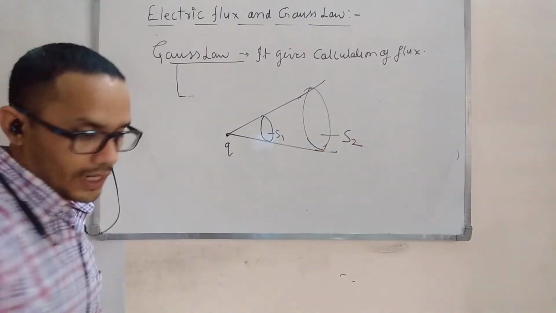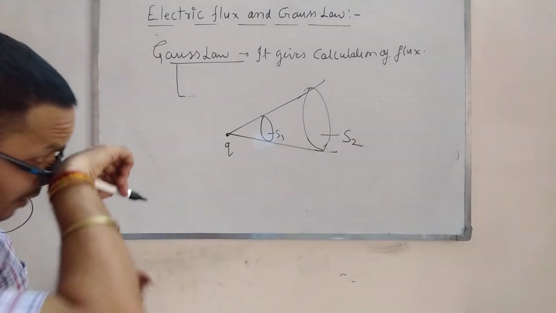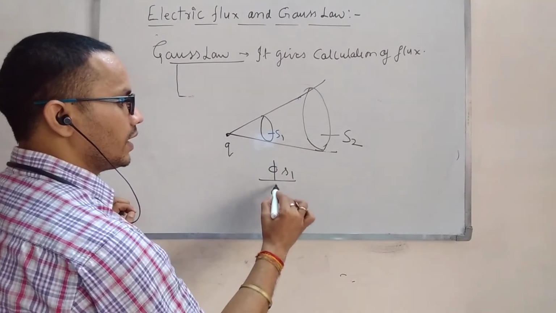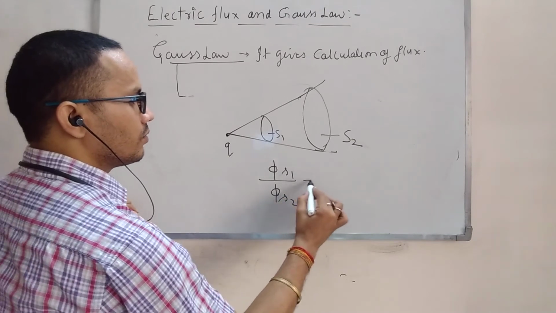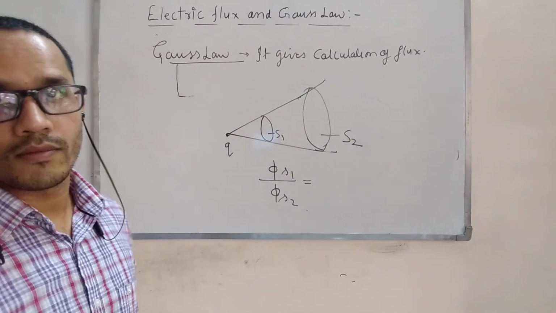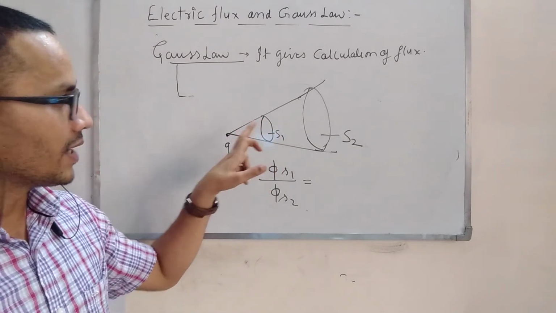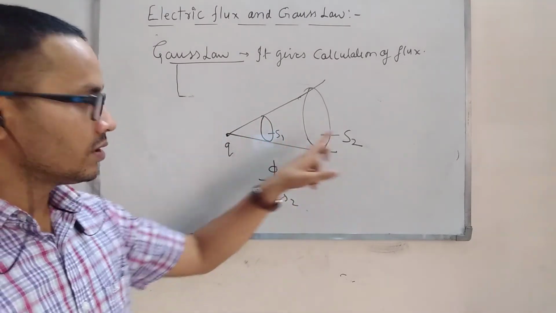And if I am asking calculate the ratio of the flux through surface S1 to the S2, then what will be your answer? I am asking calculate the ratio of the flux passing through the surface 1 or surface 2.